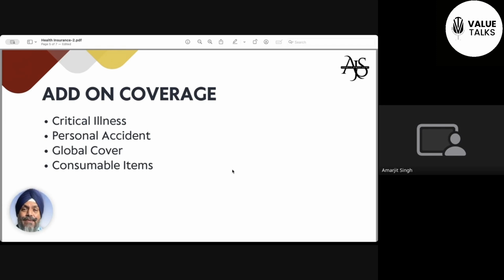To meet those expenses, there is a lump sum amount paid. Second thing is, in case of a working professional, there is a possibility of losing income or reduced income.